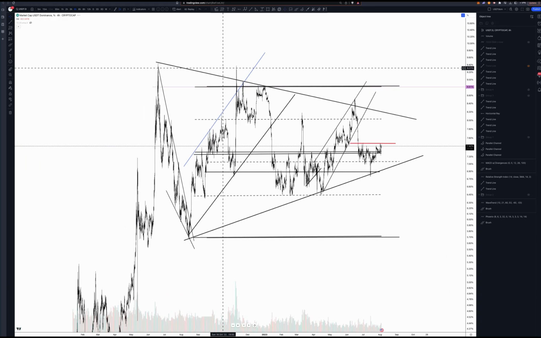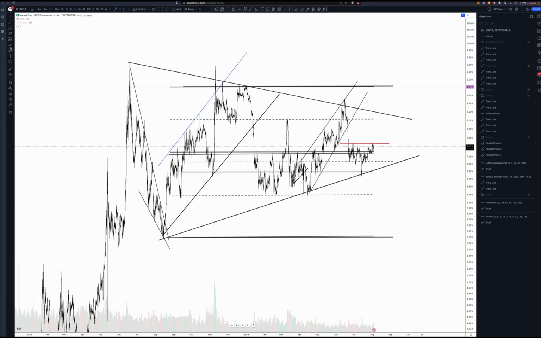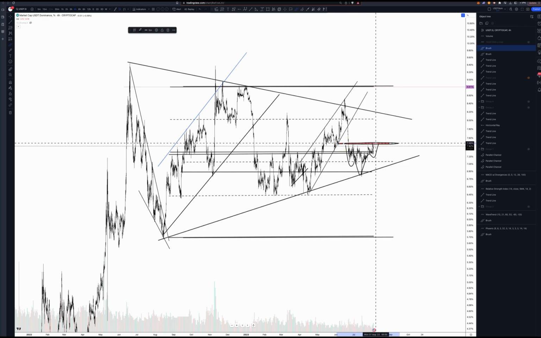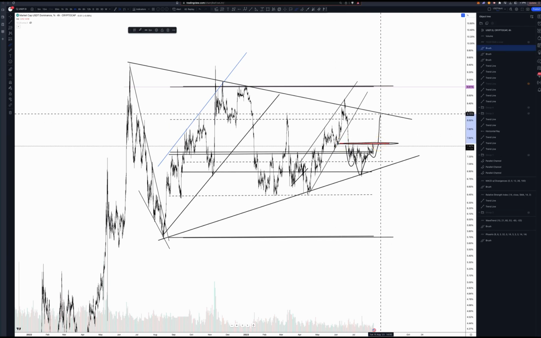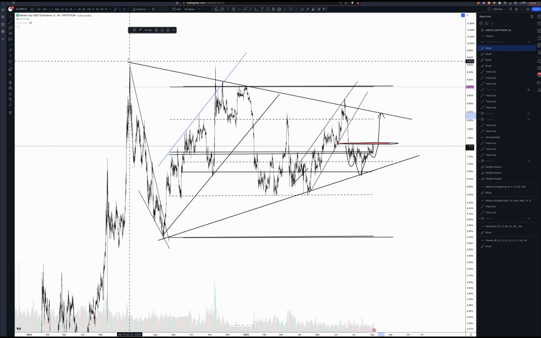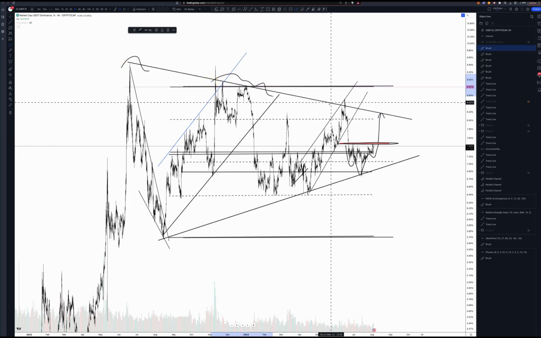So this is what I have, and this is the issue I have with Tether. It looks like an inverted head and shoulders. So this breakout, if it breaks out from here, and that's pretty much Bitcoin dropping, it's going to fly up and hit that top level. And you can see previous levels of resistance.